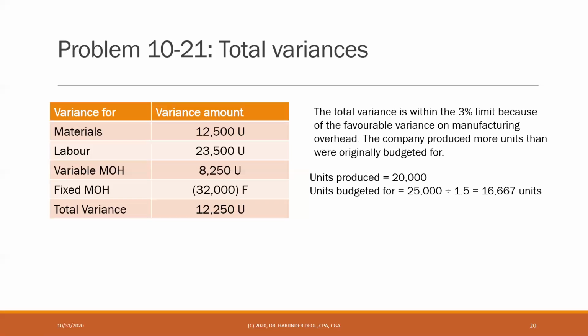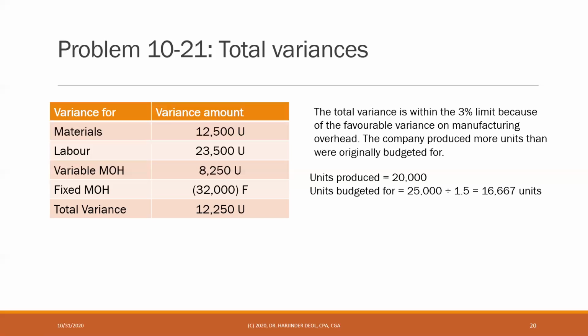Now, that did result in a favorable fixed manufacturing overhead volume variance, but that was due to the fact that the company charged or applied fixed manufacturing overhead on the basis of standard hours allowed.